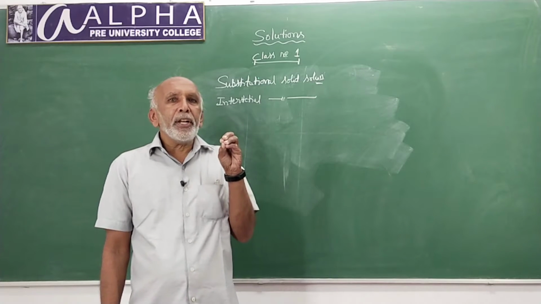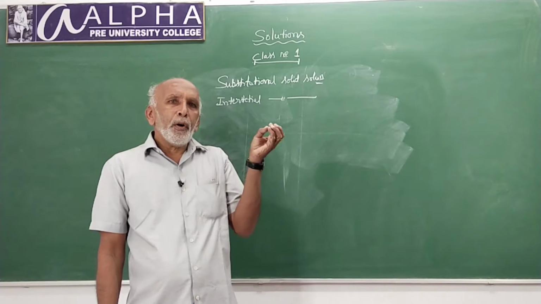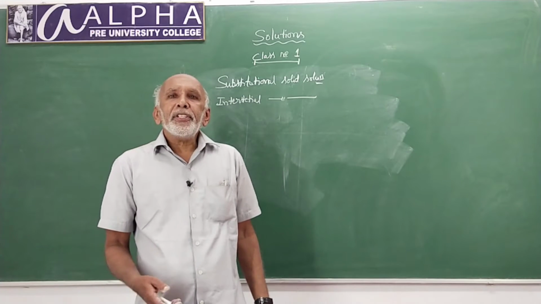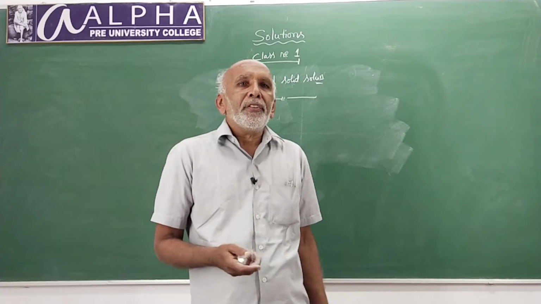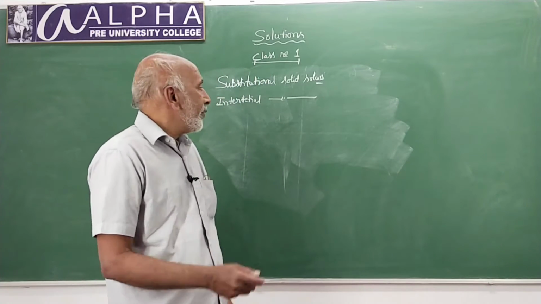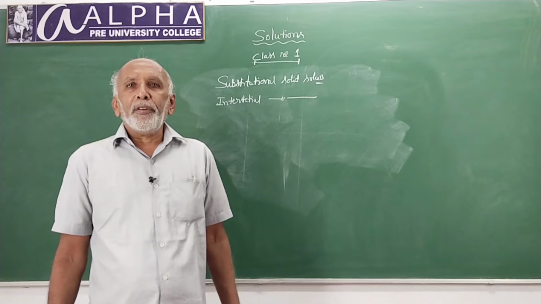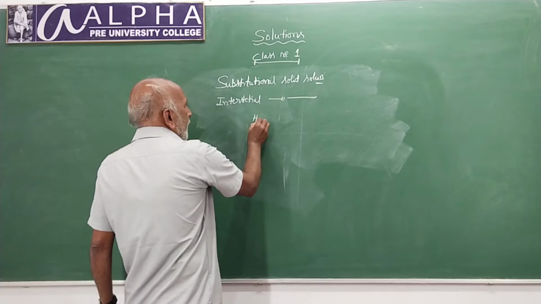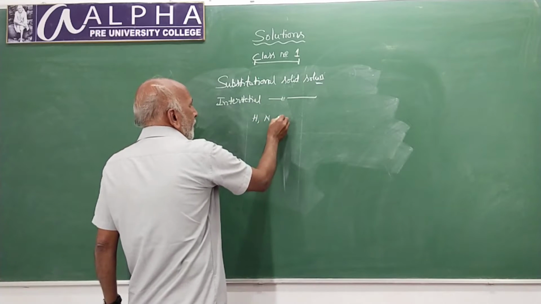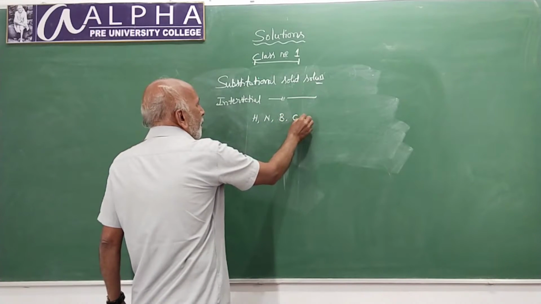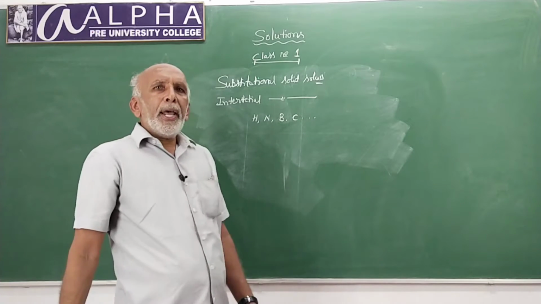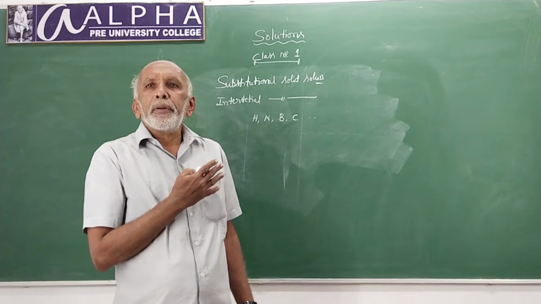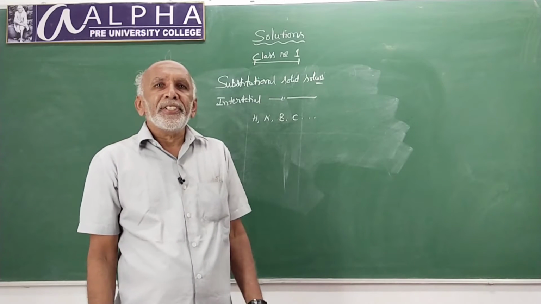In the interstitial positions or voids, some small particles are trapped. Such solutions are known as interstitial solid solutions. Small particles like hydrogen, nitrogen, boron, carbon, etc. are trapped in the interstitial positions of some solid substances.